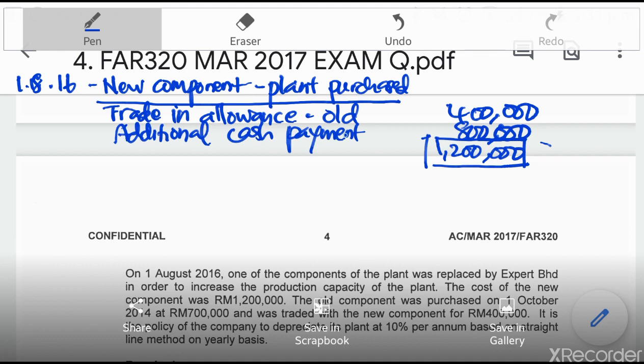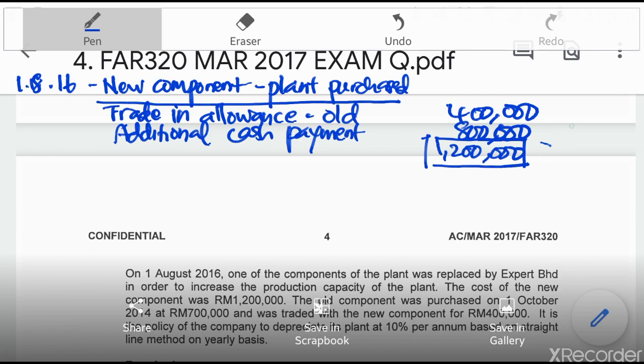The point is we're not going to do the journal entry. What we're going to do is that this is the one that is going to be included in the movement notes to the account.